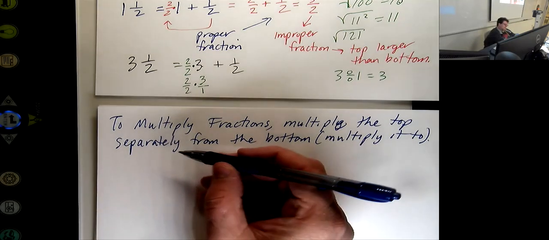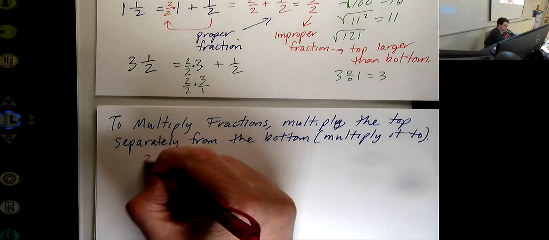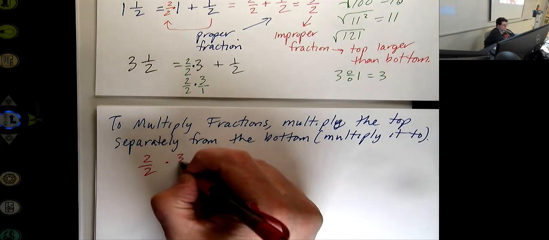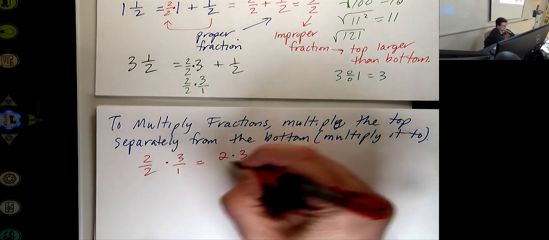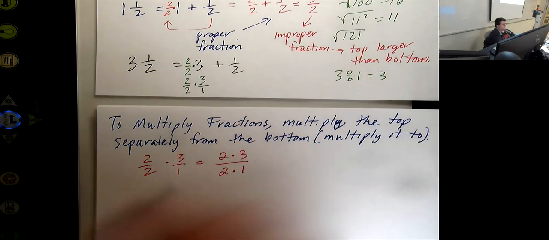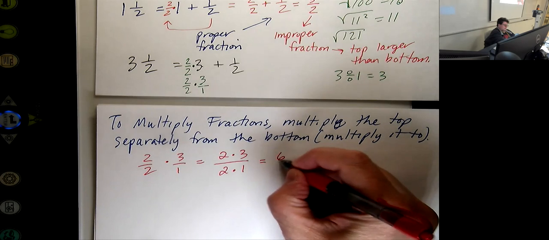So for this case, I had 2 halves, 2 over 2 times 3 over 1. This turns into 2 times 3 over 2 times 1, which is 6 over 2.